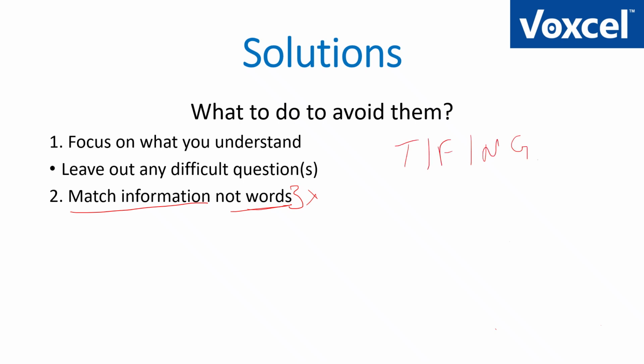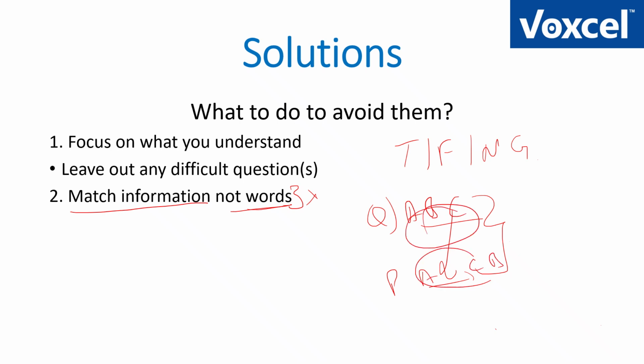If students find the words of the question in the paragraph, they say we matched the words, so we write true. And if they don't find any word, like just say C is not given, in that case they will write false.